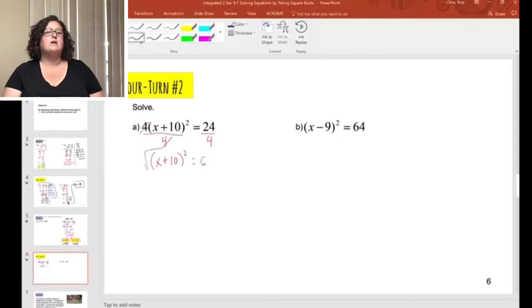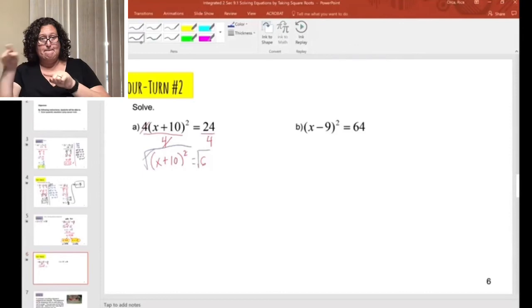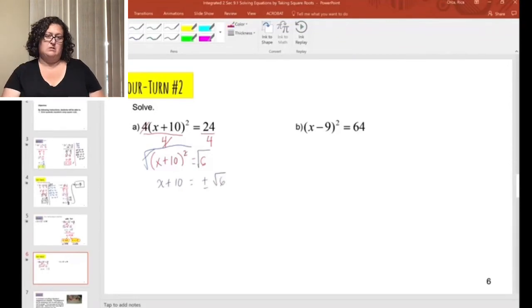Step number 2, get rid of the radical, square root both sides, and that's going to give us x plus 10 is equal to plus or minus the square root of 6. Remember, when you take the square root of both sides, a plus or minus appears on the other side of the equation.